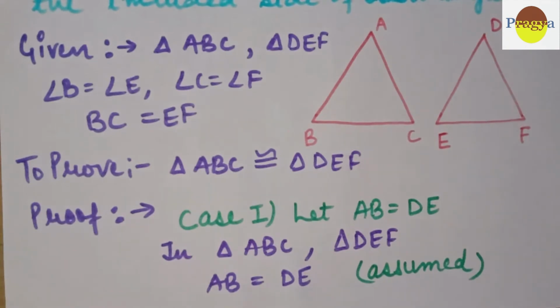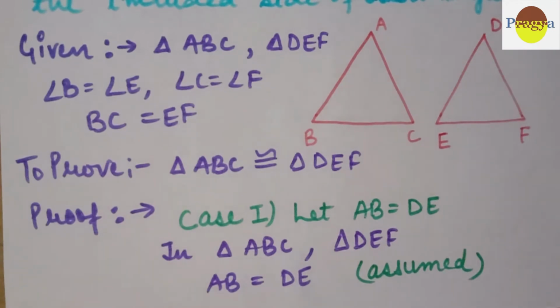One more thing: when we prove that two triangles are congruent, we prove it with the help of three equalities. Earlier I explained to you that we have 6 equalities, but for proving congruency we need only 3 equalities. If we prove that these two triangles are congruent, the remaining 3 equalities we take as already equal to each other.